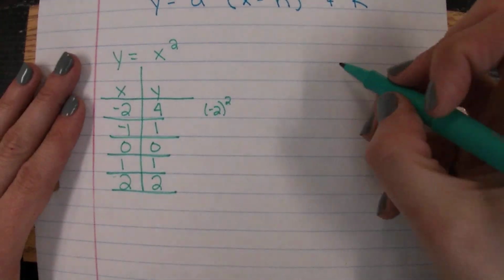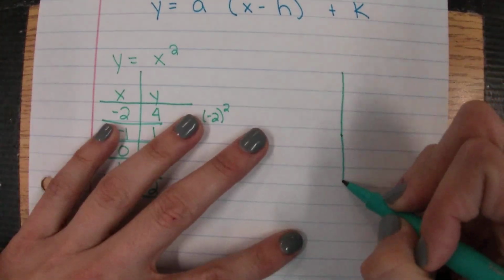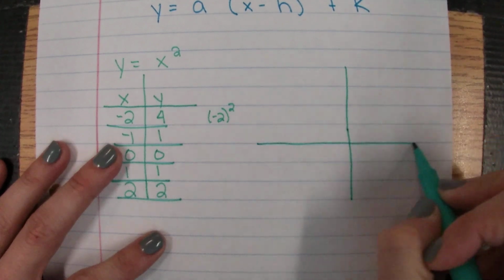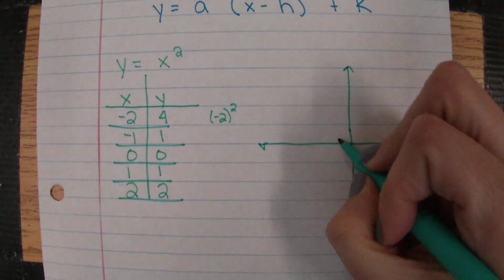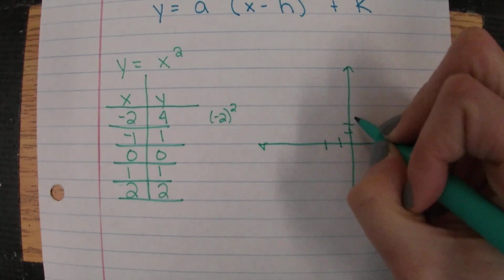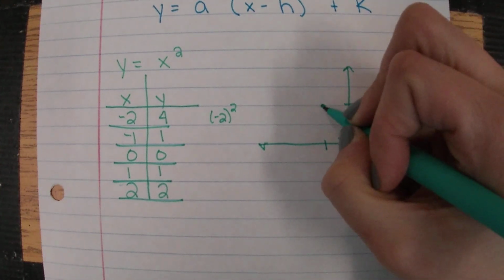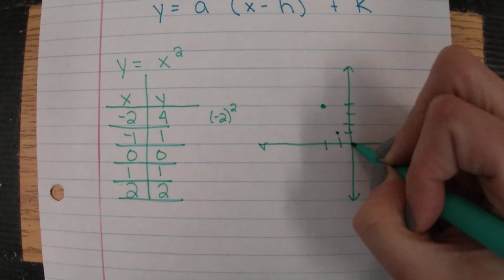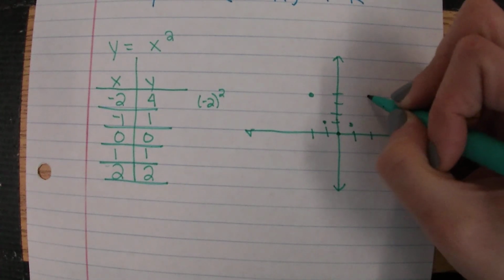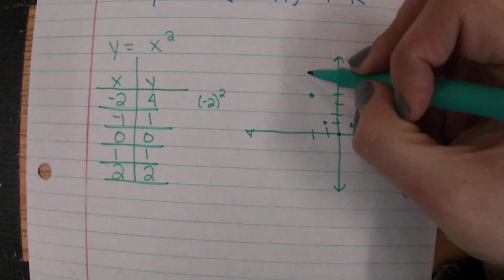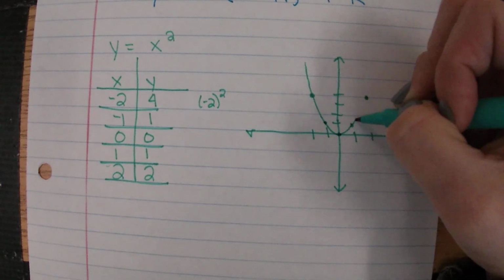And so if I was graphing this on the coordinate plane, I would be plotting points at (-2, 4), (-1, 1), (0, 0), (1, 1), (2, 4). Okay, and you'll see this sort of U-shaped graph.